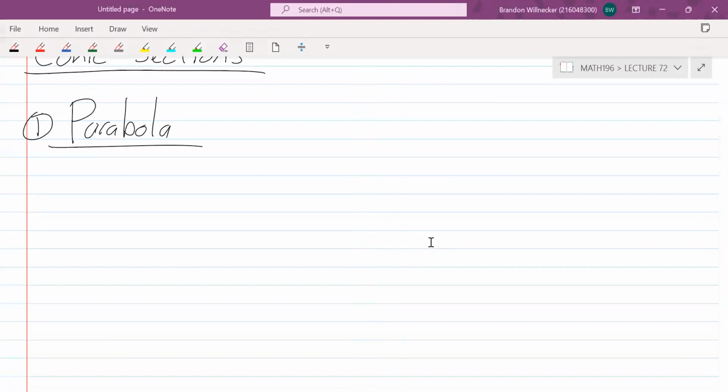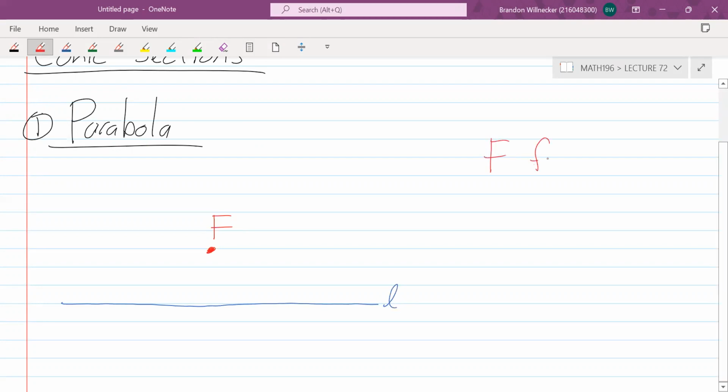What we do is we pick a point, F, which we call the focus, and we draw a line, L, called the directrix. So F is for focus, and L is called the directrix. Using these two things, we can then define the parabola.